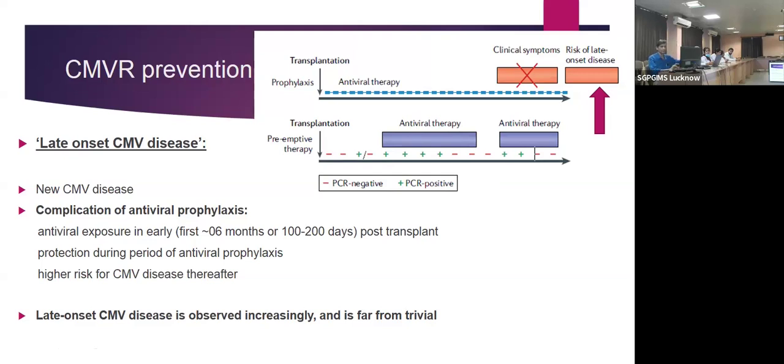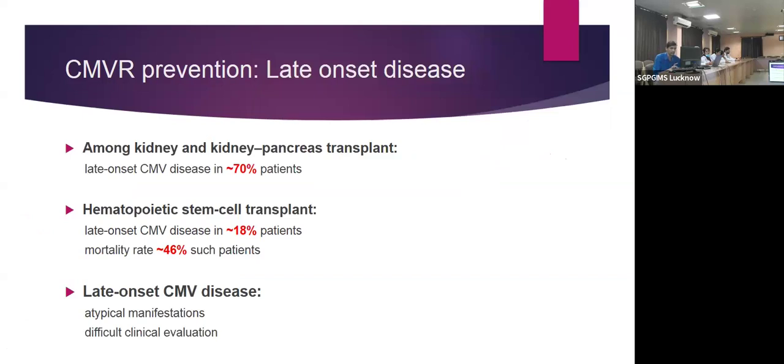And this late onset CMV disease, once antiviral prophylaxis was started, we thought was controlled. But nowadays late onset CMV disease is observed increasingly, and this is not a trivial phenomenon. Just see the figures: the load of late onset disease is very high in hematopoietic stem cell transplant patients, and in solid organ transplantation it is almost in all patients.